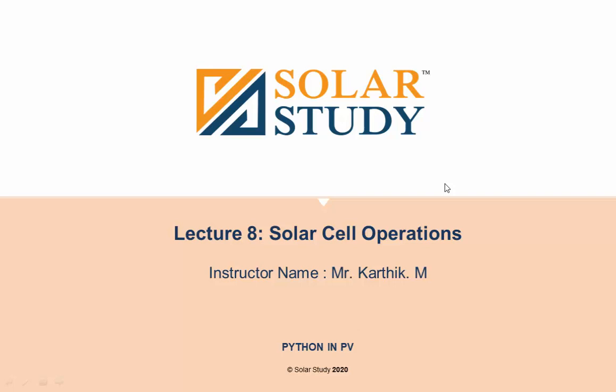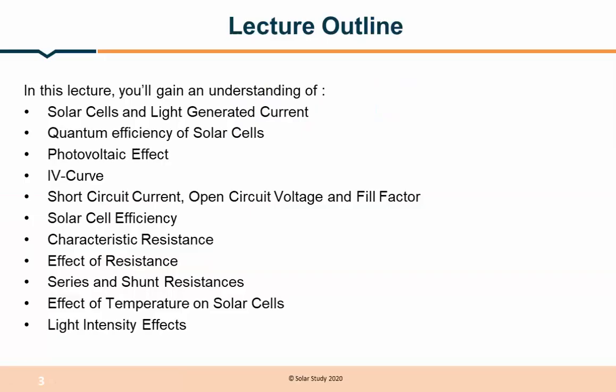Welcome to lecture 8. Myself Karthikeyan. The lecture 8 course outline is: here we will see solar cells, light generated current, and quantum efficiency of the solar cell. Next, what is the photovoltaic effect? What is the IV curve of the solar cell as well as the solar panel?